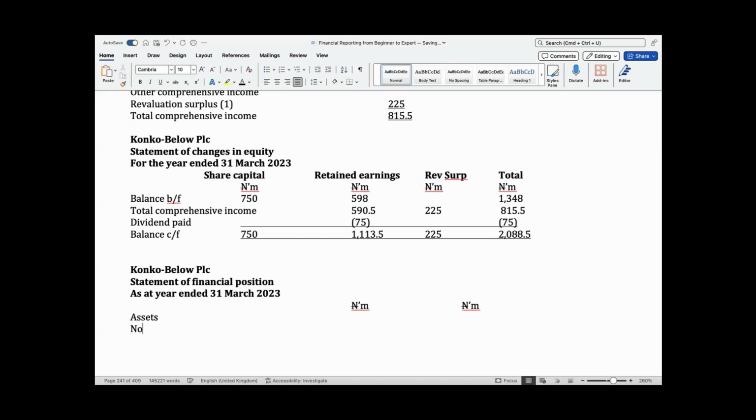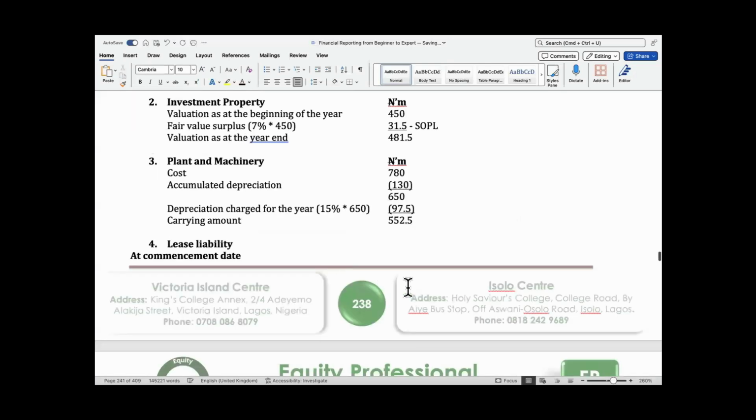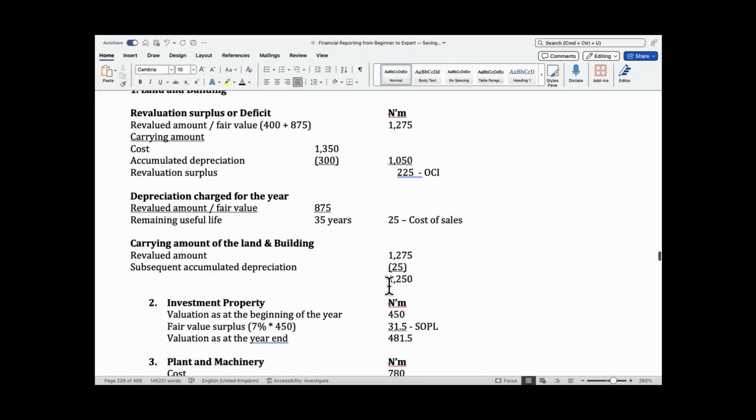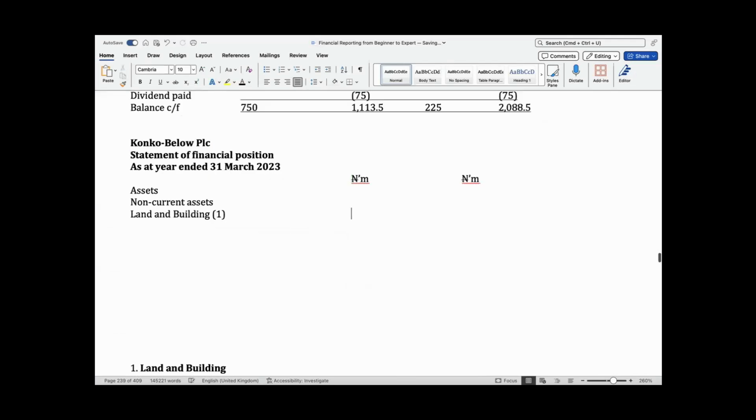So under my assets, non-current assets, I'll have firstly land and building. I'm sure it's in working 1. If I go to working 1, I already did my carrying amount of 1,250 here. So just for me to pick the figure and come to put it here.